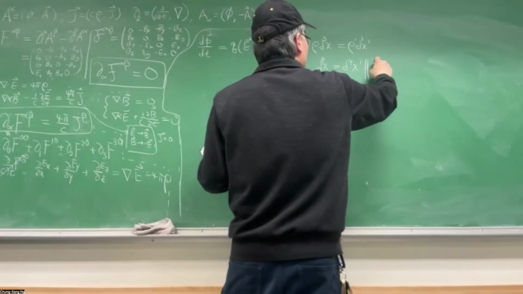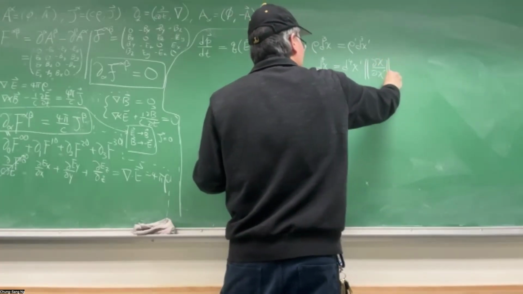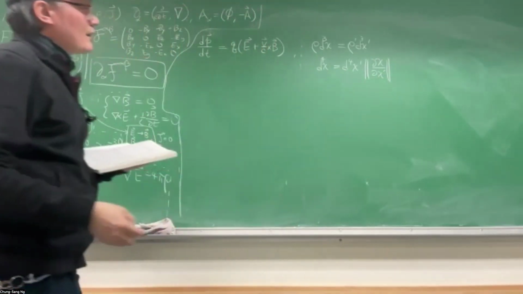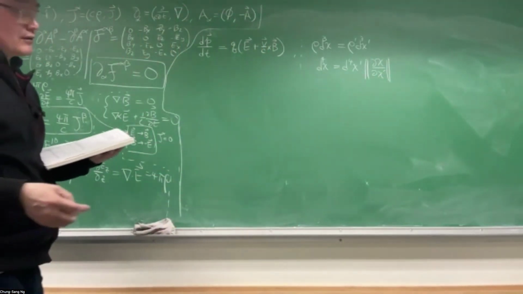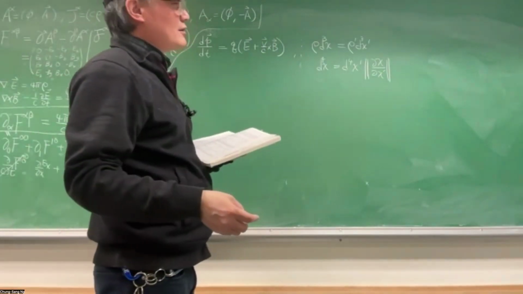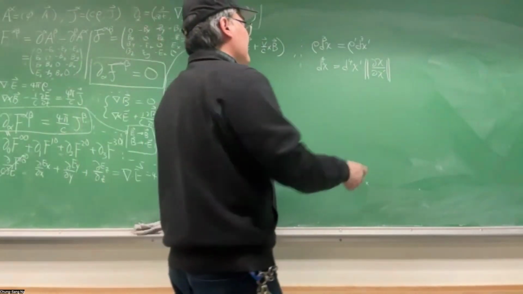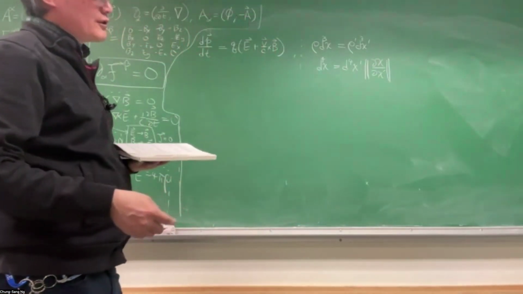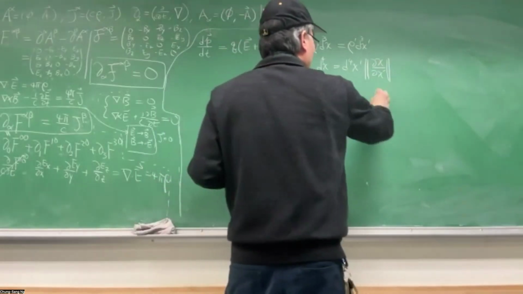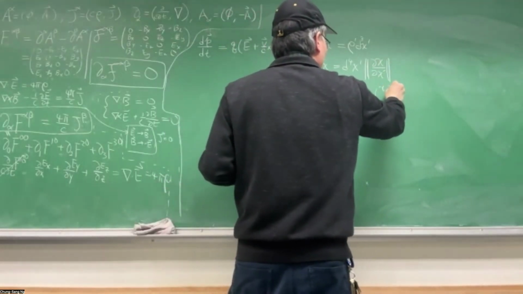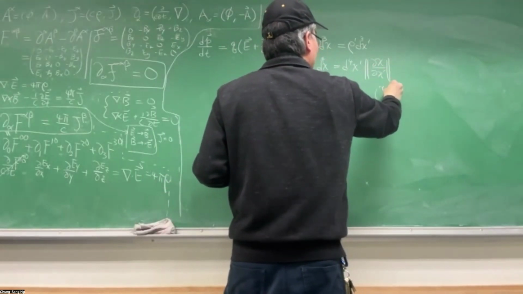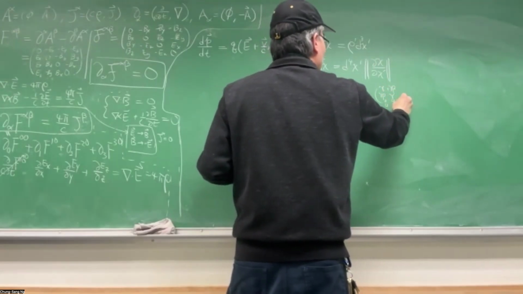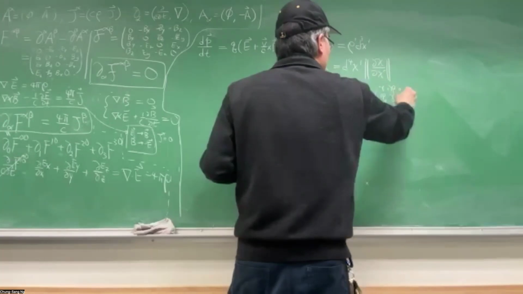This is a tensor, a 4x4 matrix, and you take the determinant. And for Lorentz transformation, you can convince yourself that this determinant is 1. You just do it like the matrix that we always talk about, or in this case, actually maybe in parts. It depends on which way you want to transform.